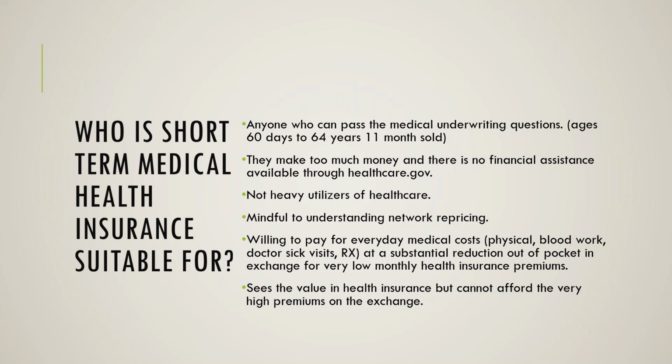So if you have somebody that's a heavy utilizer and they're constantly going to doctors for something, let's say uncontrolled high blood pressure, for example, those visits and any type of things that happen medically to them as a result of that condition isn't going to be covered by short-term health care. So it's very important that when you're determining whether or not your client is suitable, if they are a heavy utilizer of healthcare, you got to send them down to the exchange. This will not work for them.